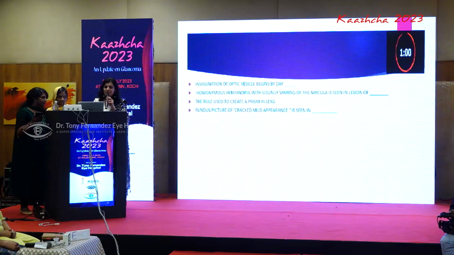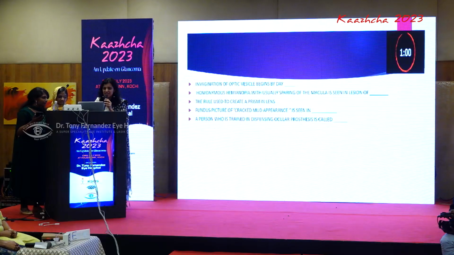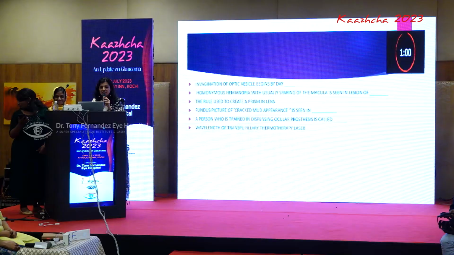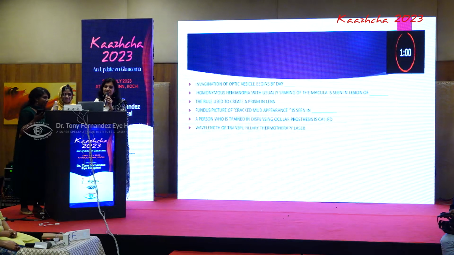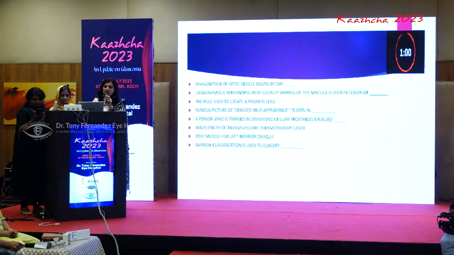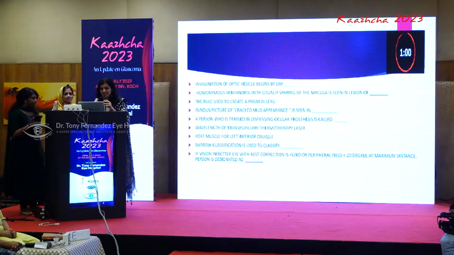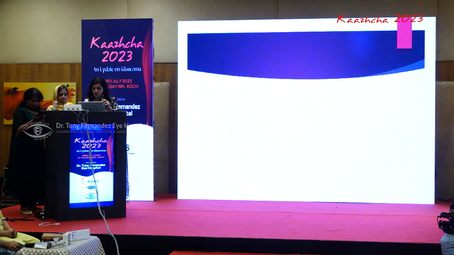Fundus picture of crack mud appearance is seen in? Pass. A person who is trained in dispensing ocular prosthesis is called? Pass. Wavelength of transpupillary thermotherapy laser? Pass. Yoke muscle for left inferior oblique? Right superior rectus. Correct. Barrow classification is used to classify? Pass. Time up. Okay. So you had 2 more questions.